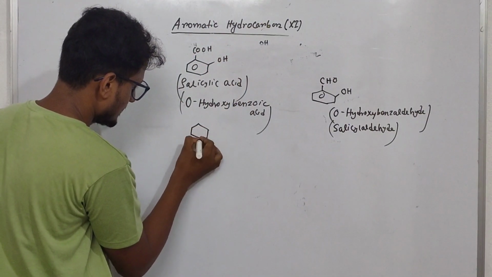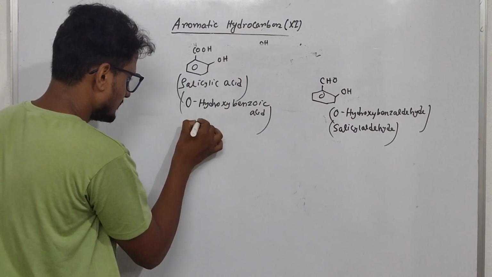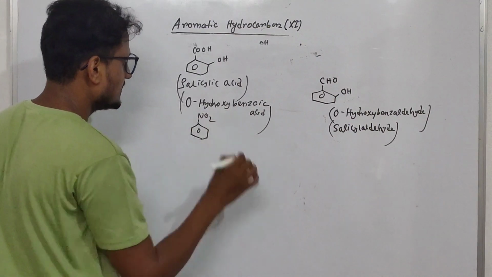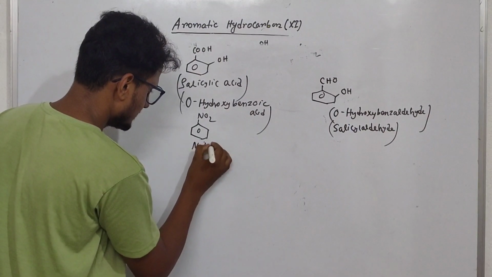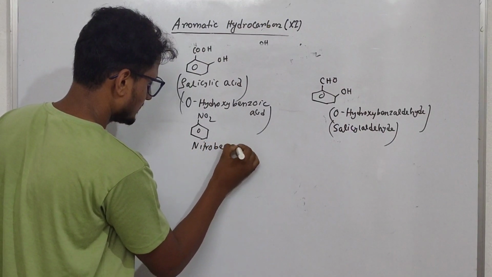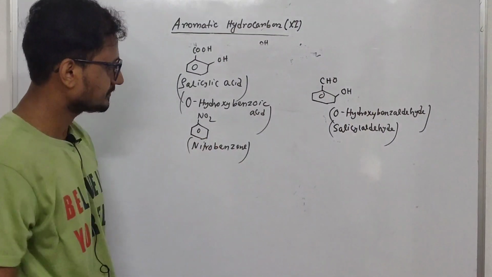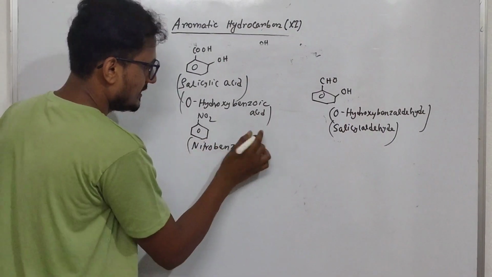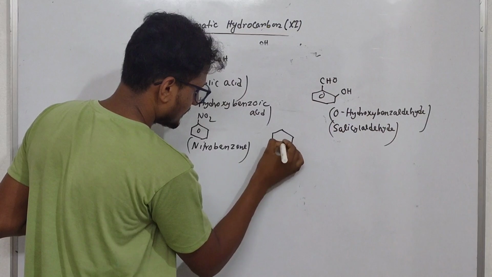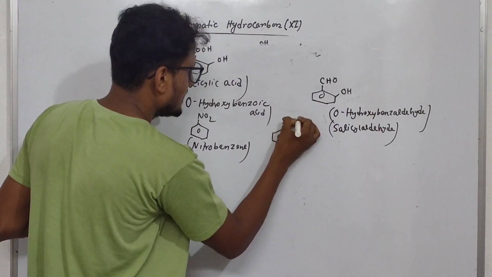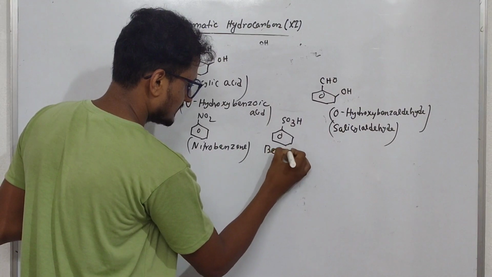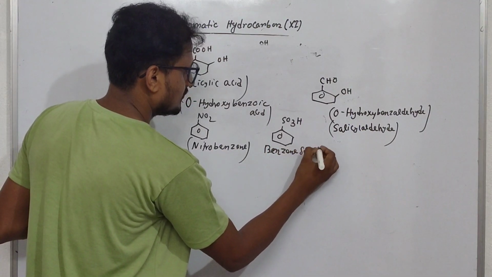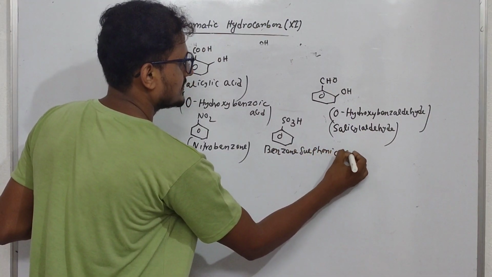Now, if NO2 is there in the benzene ring, we say it is nitrobenzene. If an SO3H group is there, we say benzene sulfonic acid.